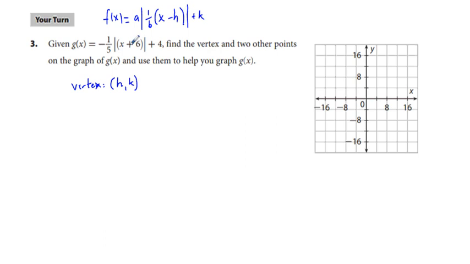So here we have x plus 6. Well, that means we have x minus negative 6. So our vertex in this case is going to be negative 6, because that x plus 6 is going to move to the left. And then k is going to be 4. So our vertex is negative 6, comma 4.